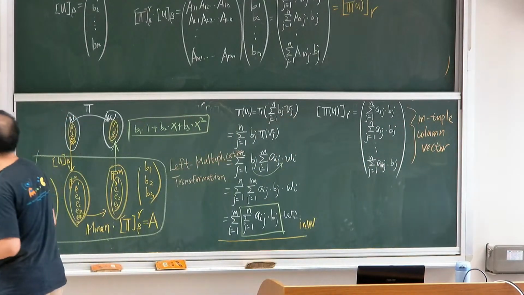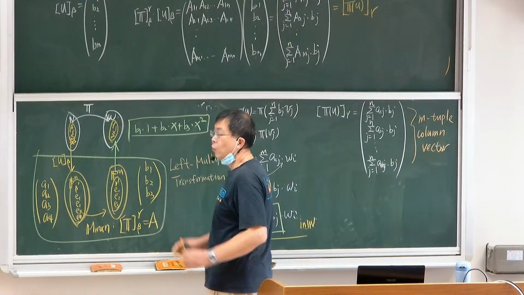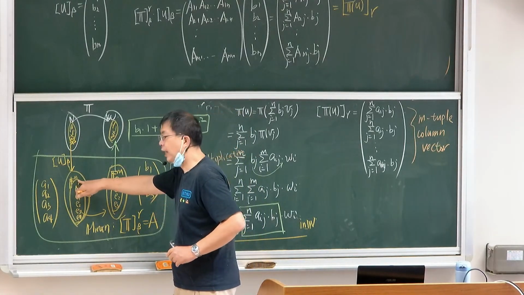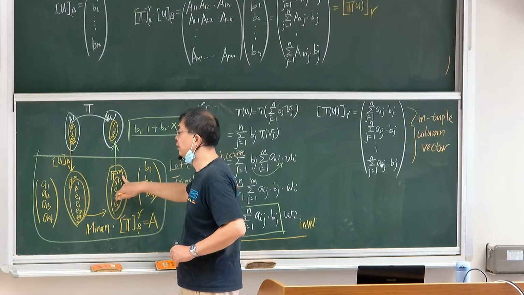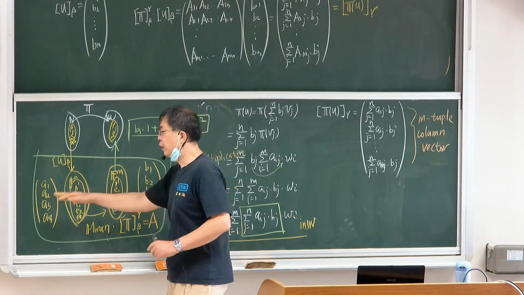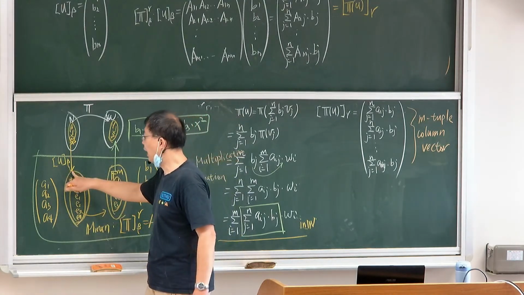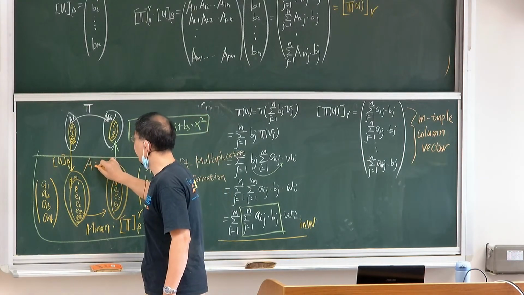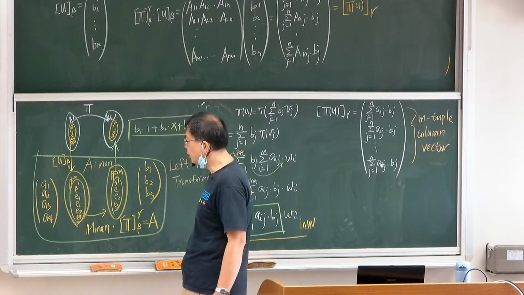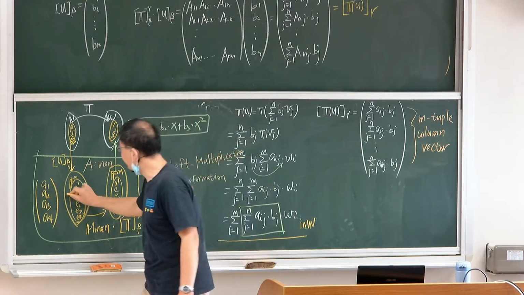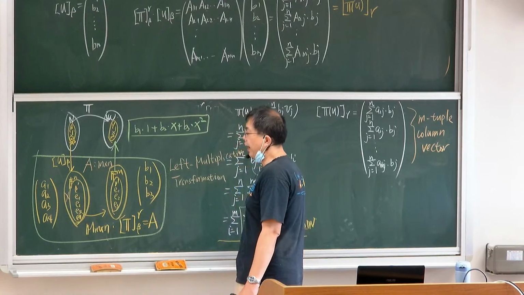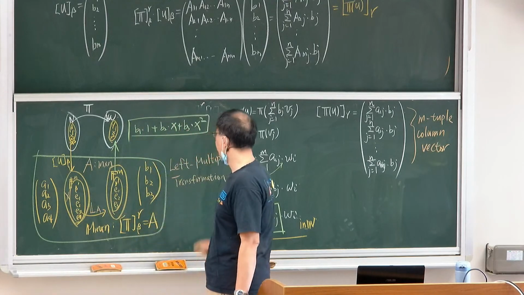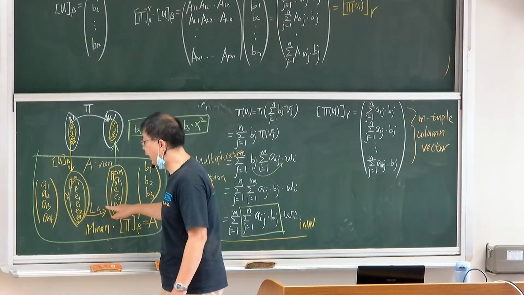So here, what we are going to do is that we strictly define the vector space in n-tuple column vectors and m-tuple column vectors. And we represent the transformation from n-tuple column vectors to m-tuple column vectors by a matrix A. A is an m by n matrix. And then whatever x here, we call this transformation left multiplication transformation. We denote it as LA.